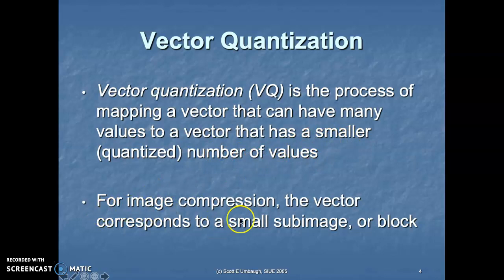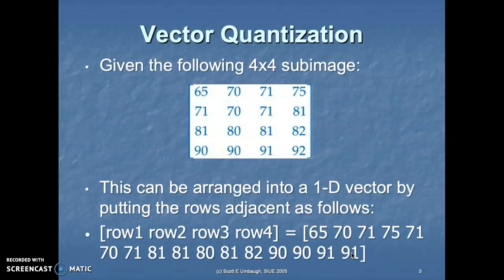For image compression, the vector corresponds to a small sub-image or block. You will divide it into sub-images, or we can also call them blocks. Given a 4x4 sub-image, for example, this is the sub-image of a big image, with the size 4x4.